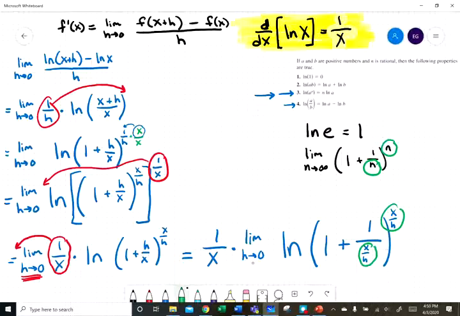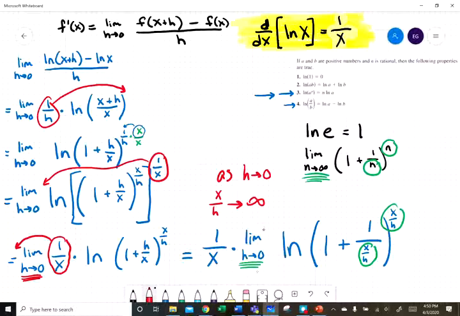And now, as you can see in the definition, this is as n goes to infinity, and in our limit we have as h goes to 0, but that's okay, because as h goes to 0, x over h, with the denominator going to 0, goes to infinity. So h going to 0 is equivalent to saying x over h goes to infinity.